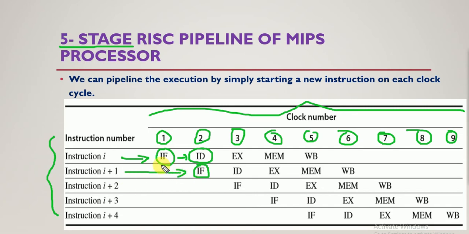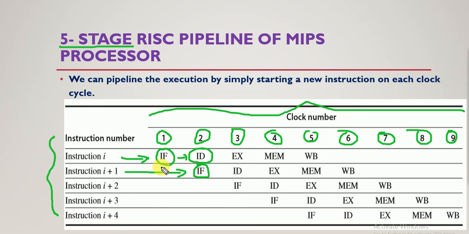Why? Because instruction fetch happens with the memory, while instruction decoding happens with the register. These are two different resources. The second instruction cannot start in the first clock cycle, because in that cycle another instruction is doing instruction fetch, and at the same time no other instruction can do instruction fetch.